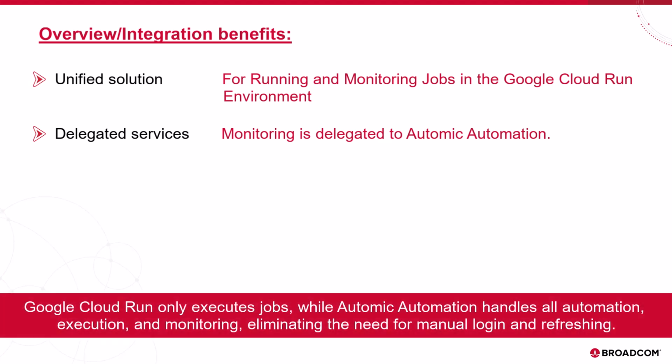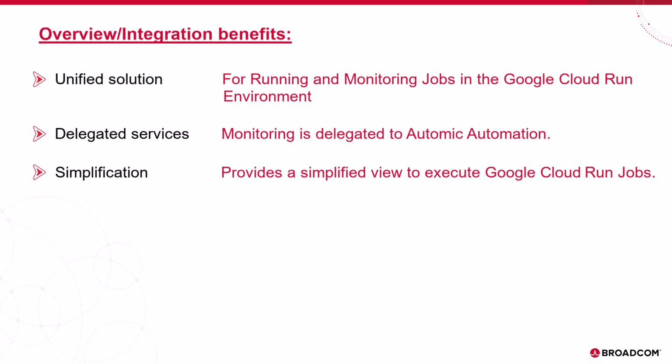This means that we don't have to log in to the Google Cloud Run environment and keep on refreshing it by ourselves. Automic Automation manages all the execution and monitoring aspects. The Automic Automation integration provides a simplified view to run jobs in Google Cloud Run.